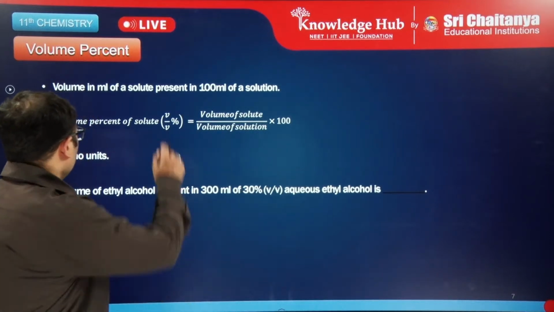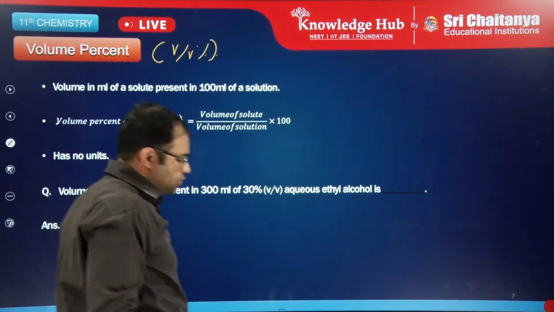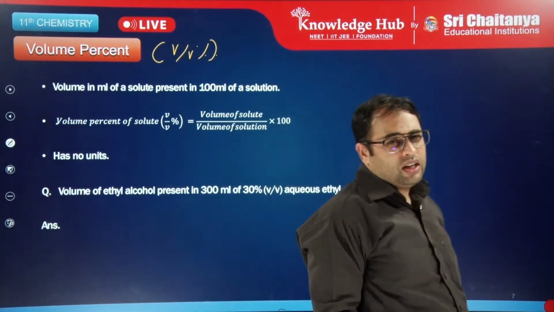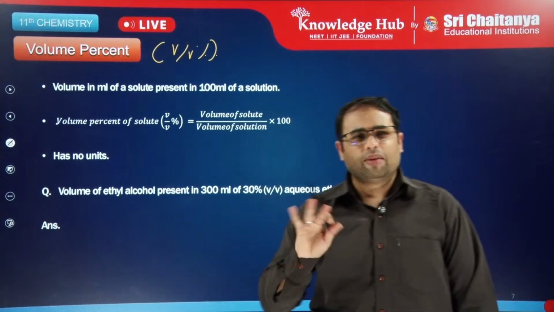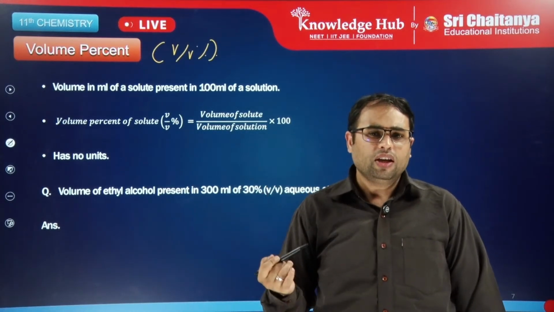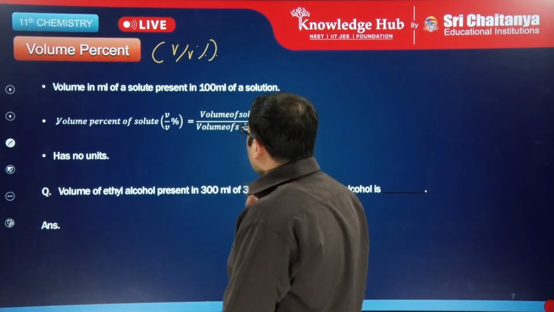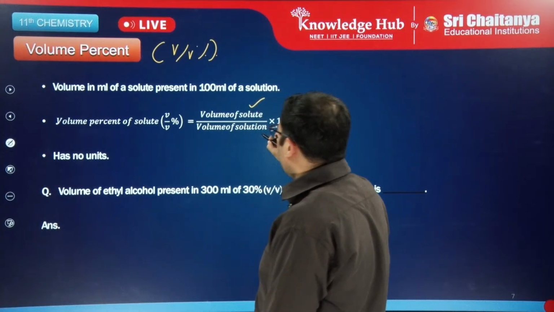Volume percent, or I can say volume by volume percent. What is volume by volume percent? On the same lines as weight by weight, first we had W by W, then we had W by V, now we have V by V. No difference: volume of solute by volume of solution.